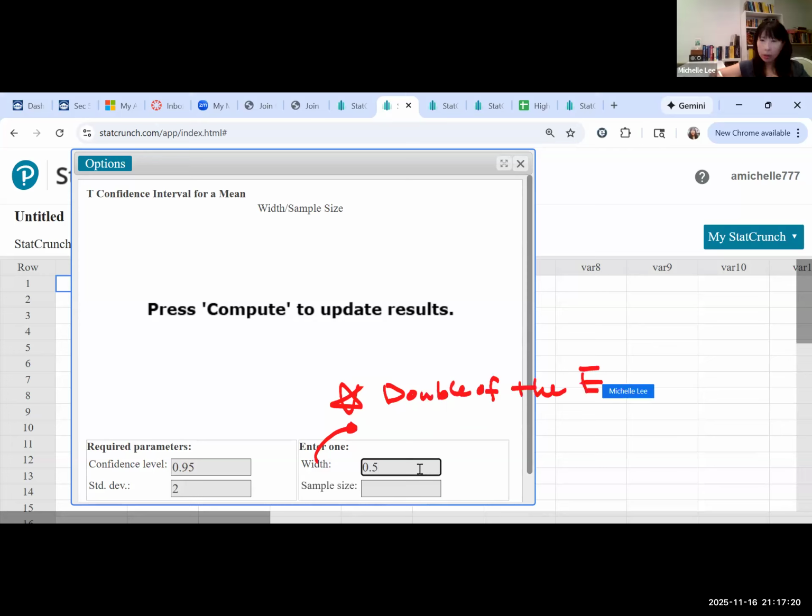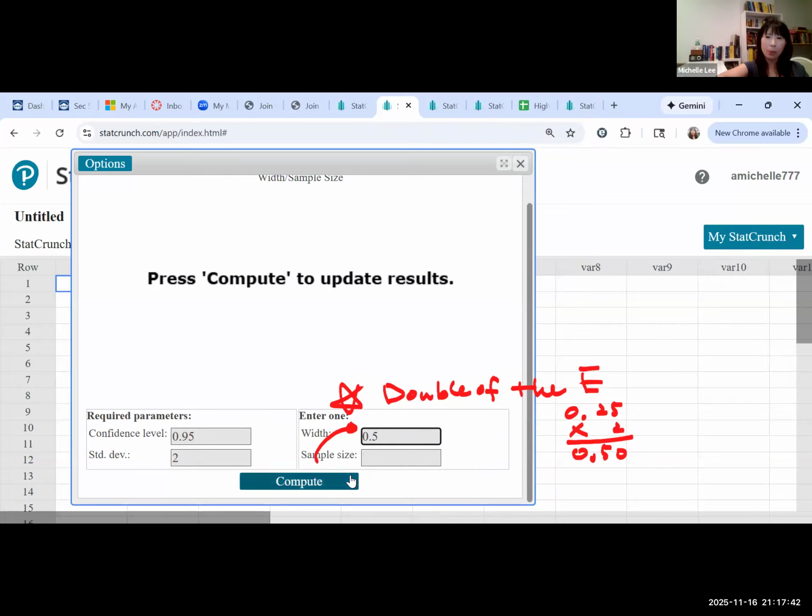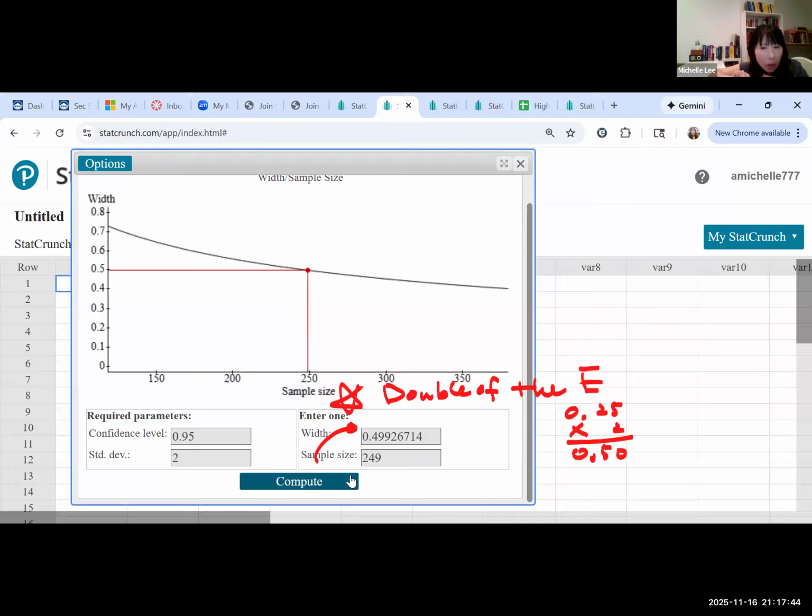In that case, we had 0.25, so times 2, so 0.5, double. Now we want to find the sample size, so we choose sample size and compute.